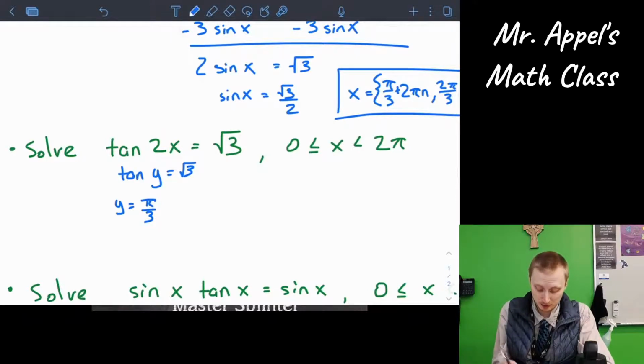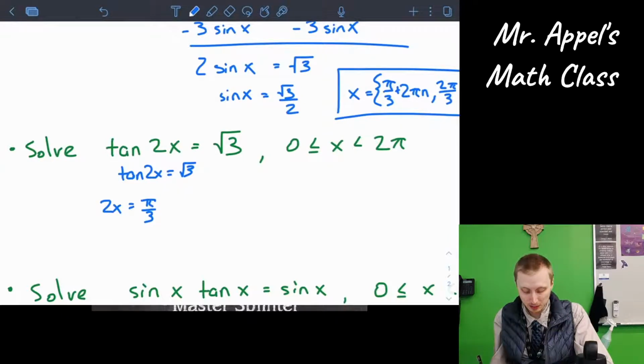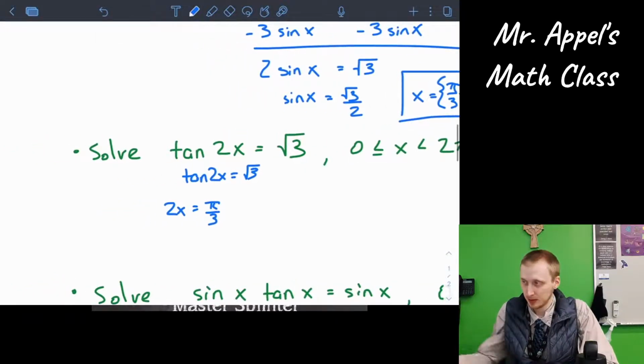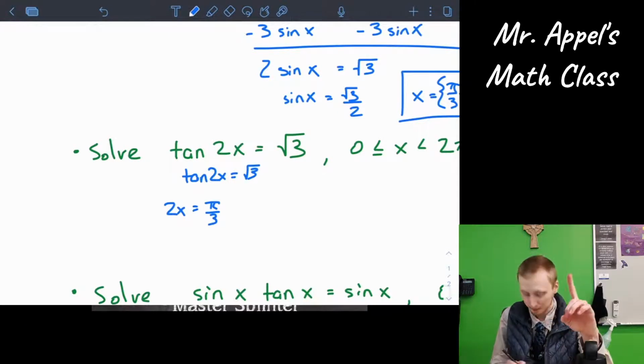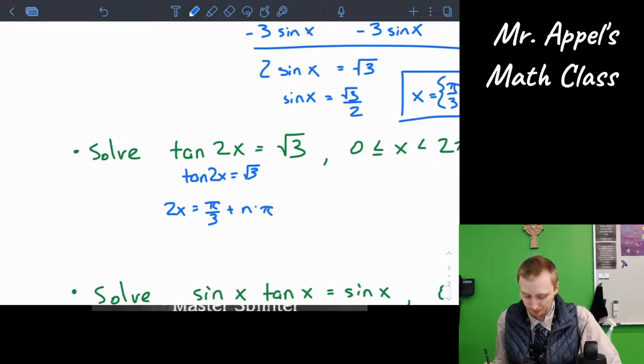Oh, it should be pi over 3. So instead of y, right, that's really our 2x. Treat it all as one thing. So 2x equals pi over 3. Okay? And that's anywhere that is similar, right? The period of tangent is not 2 pi, it's 1 pi. Okay? So this is, in theory, plus any integer multiple of pi.